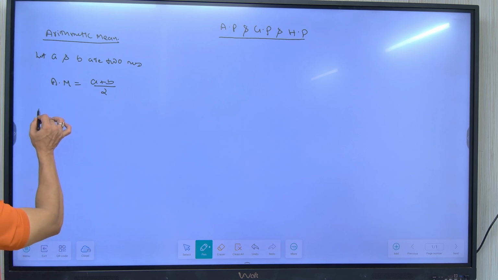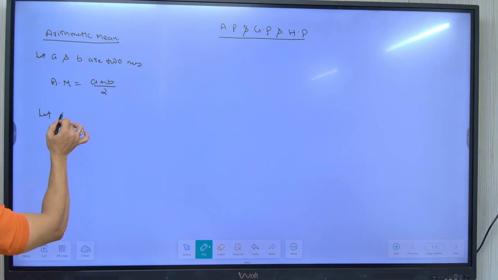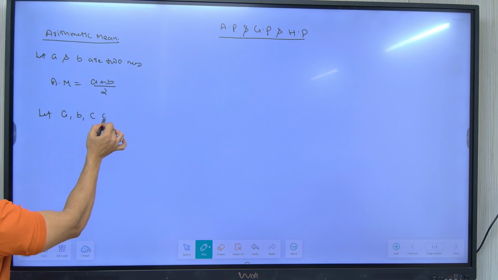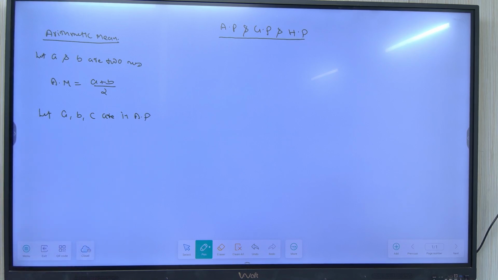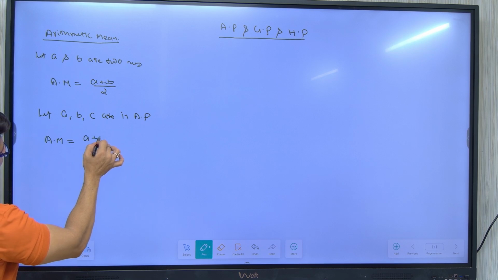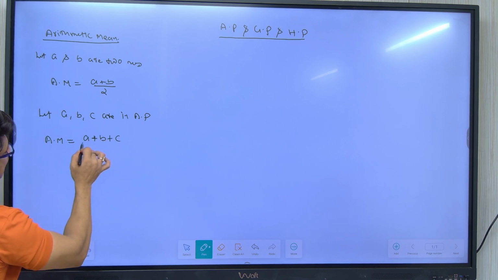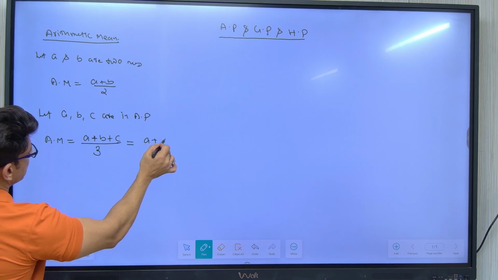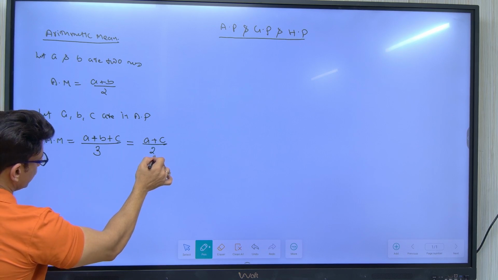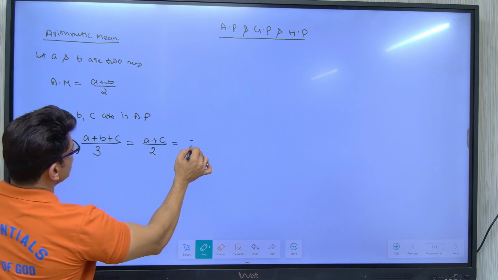But if I say A, B, C, then I have to mention it. Let A, B, C be in AP. Then the arithmetic mean will be given by (A plus B plus C) divided by 3, or (A plus C) divided by 2, or twice of B.